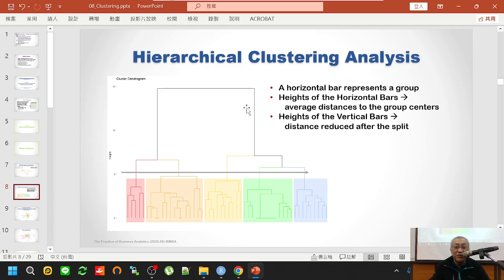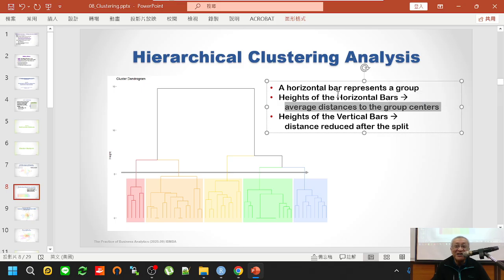Let me say it again. The height of the horizontal bar represents the average distance to the center of the group.